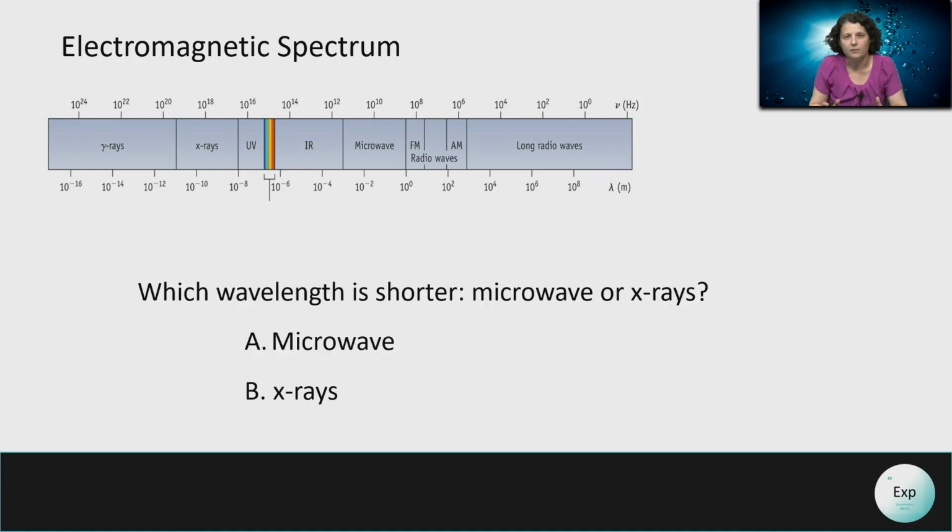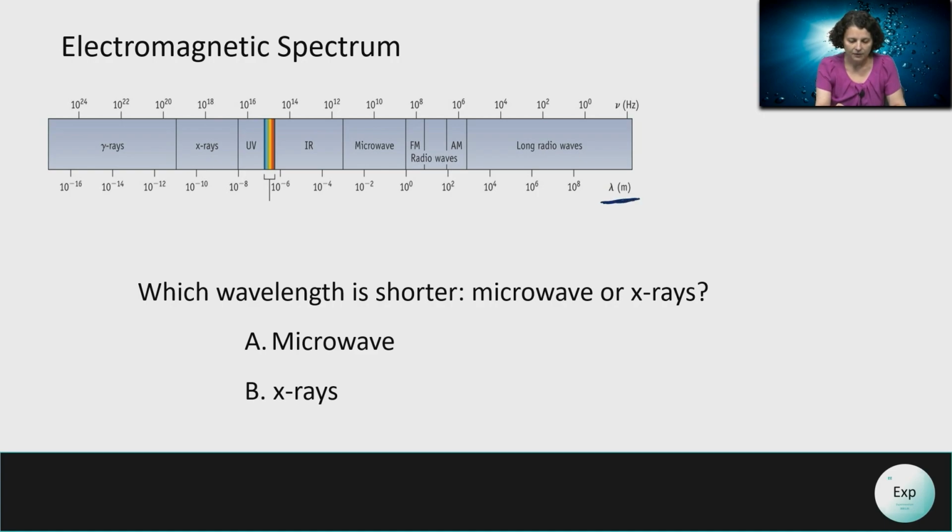We can use this information about frequency and wavelength in a variety of ways. The easiest one is to simply compare different types of electromagnetic radiation as a function of their wavelengths or as a function of their frequencies. So here is a problem in which we are tasked to find the radiation with the shorter wavelength. And we have microwaves and X-rays. This means that we will have to look at the wavelength scale, which is the bottom.